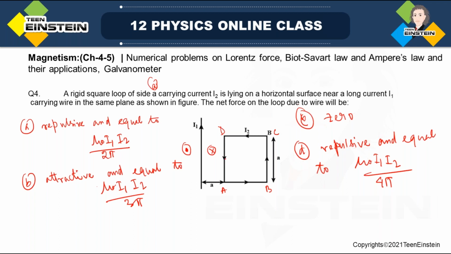Now look at the direction of the current in each side of the loop. When we have a current carrying wire in a magnetic field, it will experience a magnetic force Q V cross B. That is for a single charge, but for a current carrying wire, suppose it has length L and it is carrying current I. So I L cross B is the magnetic force on a current carrying wire.